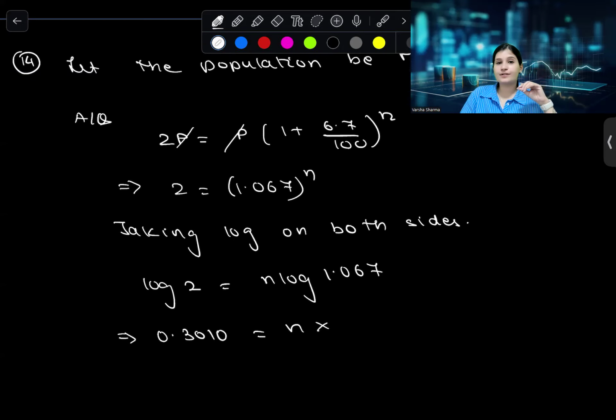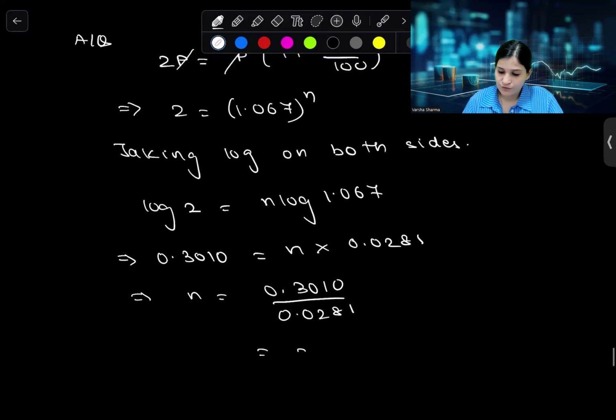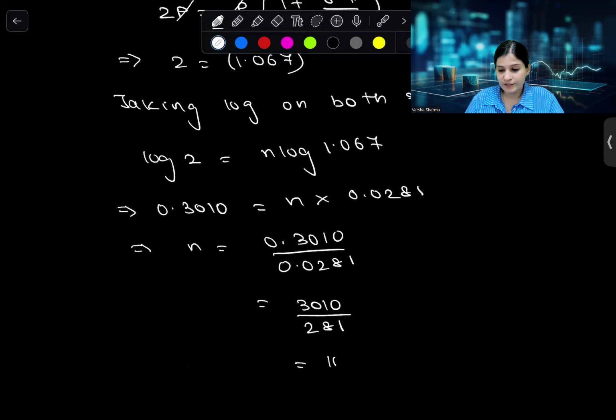It is 0.0281. Yes, perfect. So n will be, let's divide them, 3010 by 281. It will be 10.71 years.